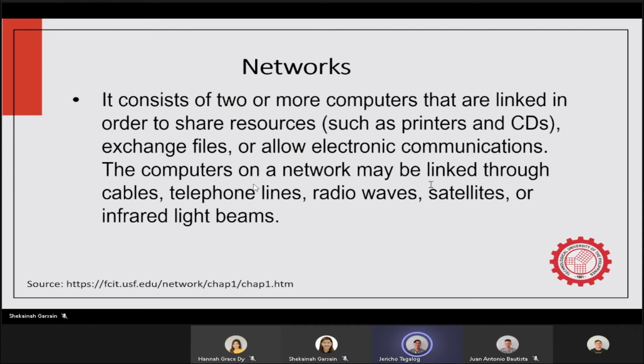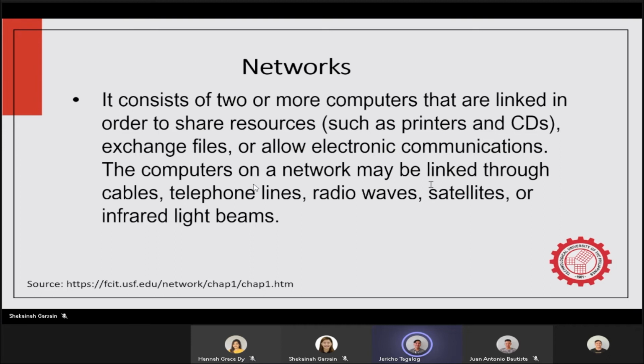So sa network, possible din makapag-submit ng information and receive sa different devices. So if ang devices mo is naka-group ng isang network, pag may bagong information sa isang device, possible din na magkaroon o makita rin yon ng different devices na nakakonect sa isang network.